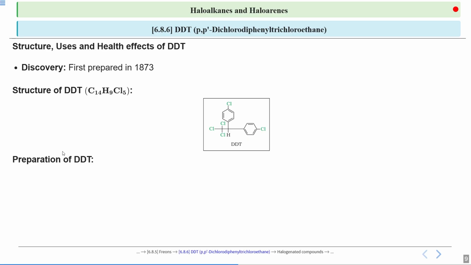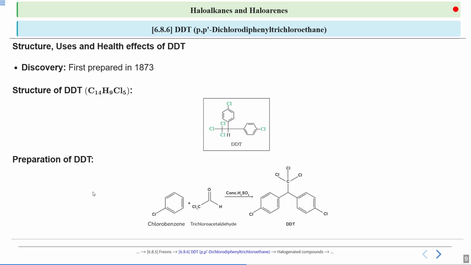Now, if we talk about the preparation of DDT, how can you prepare the DDT molecule? The reaction happens in this way. We take chlorobenzene, because we can see that in the structure of the DDT we have chlorobenzene present. So chlorobenzene we take as a reagent, and we react it with trichloroacetaldehyde, that is CCl3CHO.